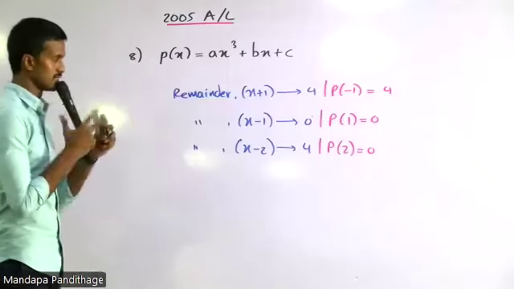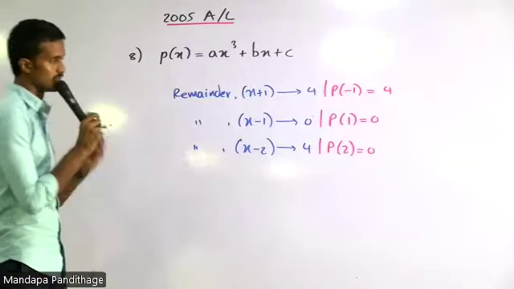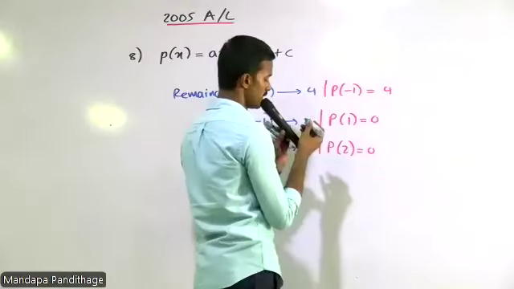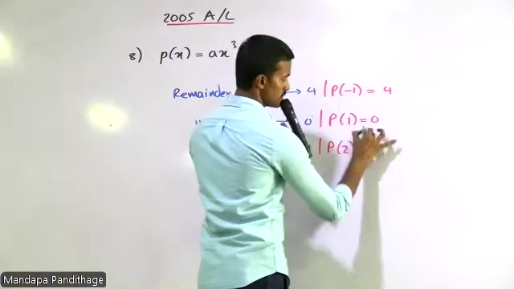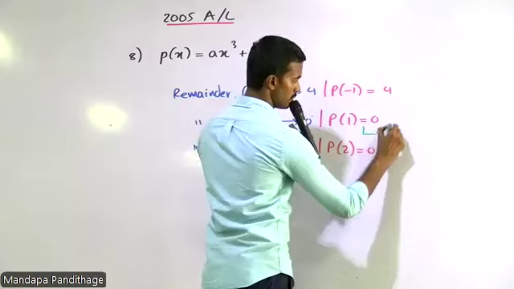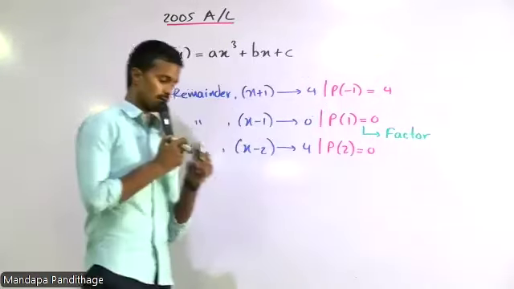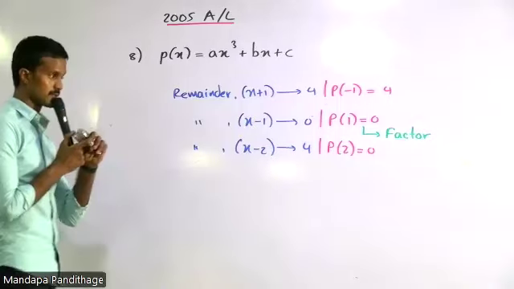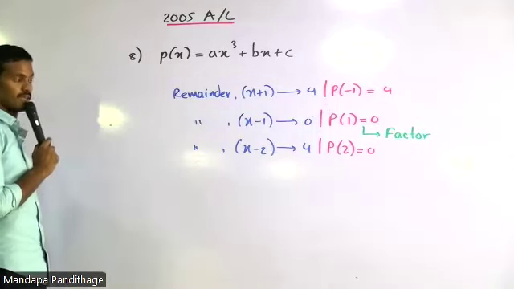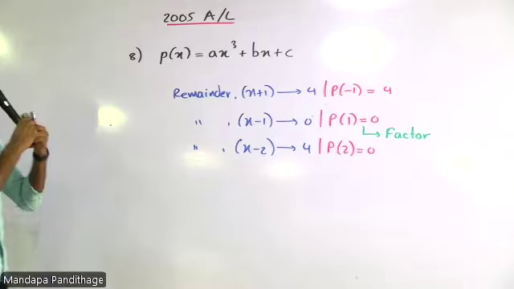Hence it is clear that when P(1) is equal to 0, it gives you additional data: x minus 1 is a factor. Then simplify.